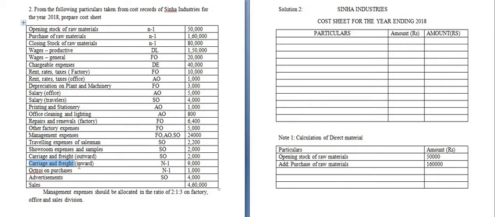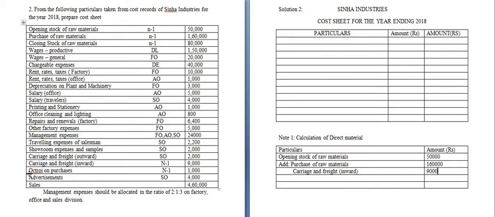Carriage and freight inward is the expense which is incurred at the time of purchasing the raw materials. Now, amount is how much? Inward 9,000. So write it in the amount column, 9,000.